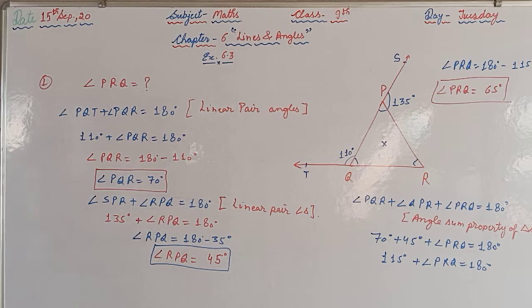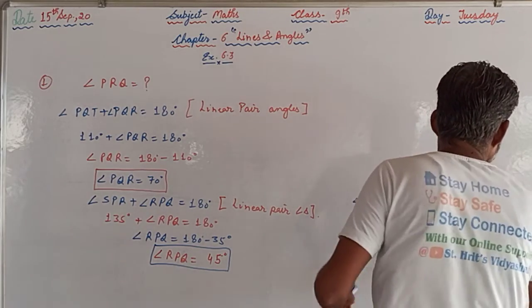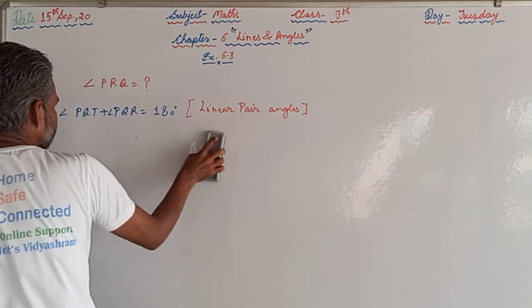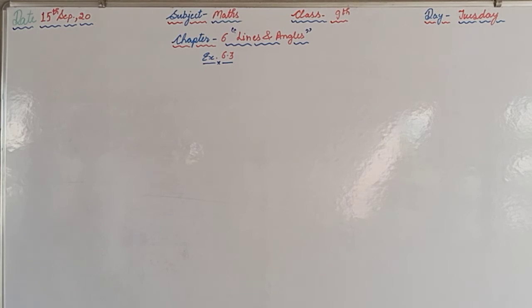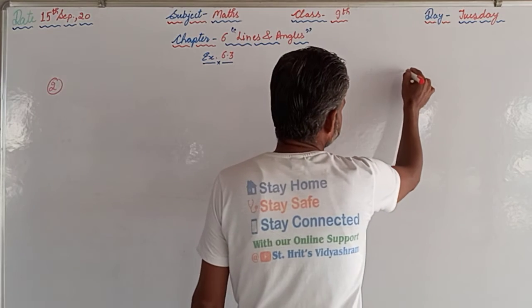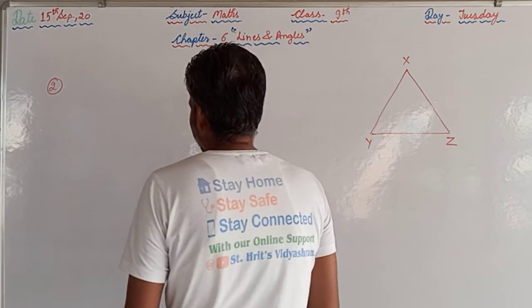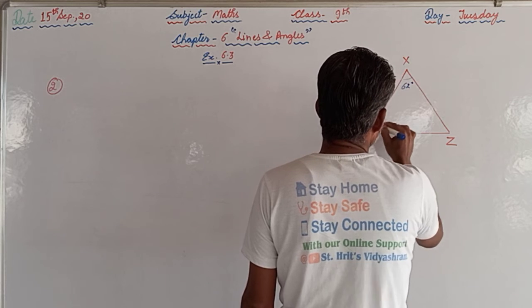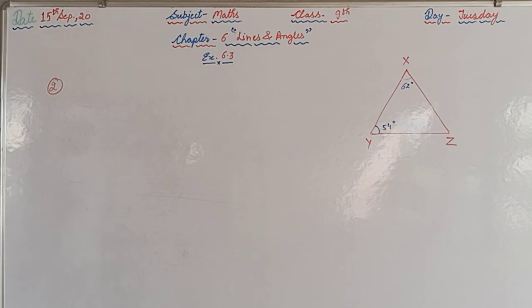First of all the triangle is given, XYZ, in which the two angles are also given, 62 degree and 54 degrees.